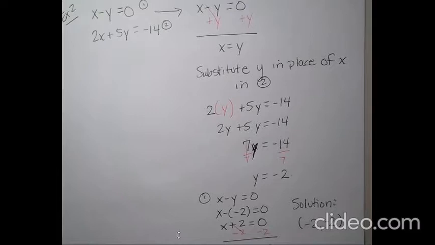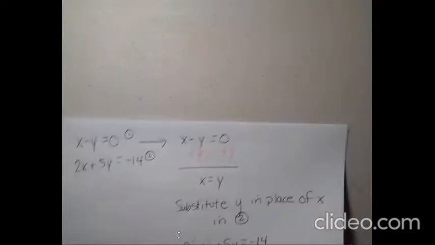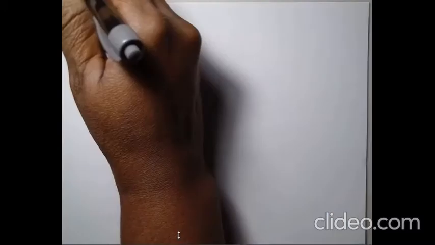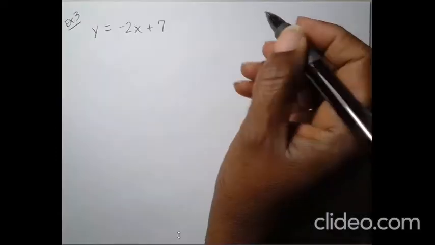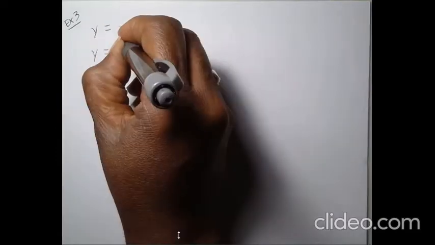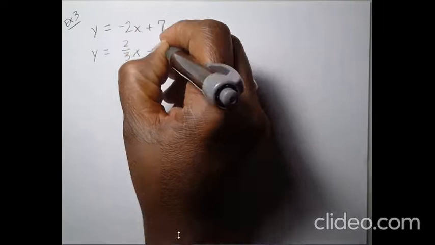In example 3, we have y equals negative 2x plus 7 and y equals 2/3 x minus 1. Since both of these are in the y equals format, that means they equal each other.